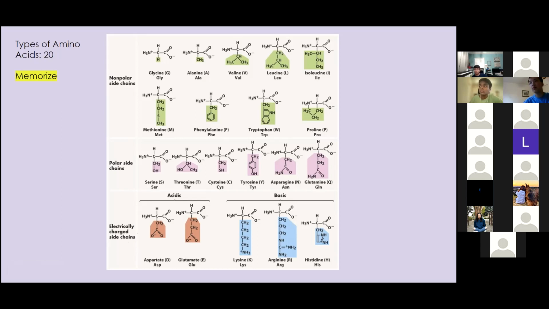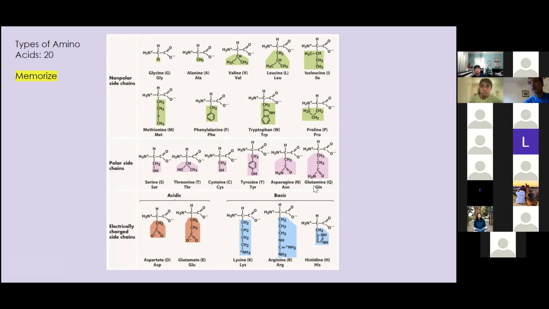So yeah. The way to remember the polar side chains is that they have hydroxyl groups attached. So you see the OH, HO, OH, or the NH2 in the asparagine and glutamine.